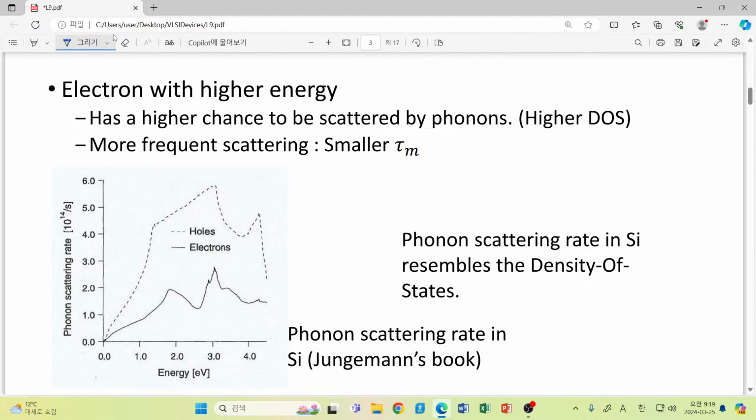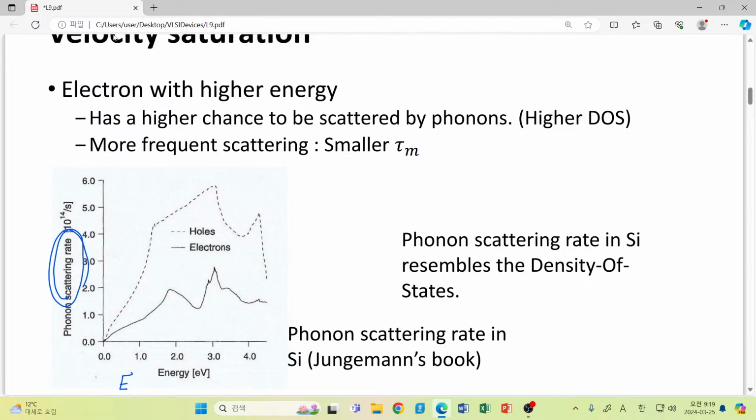This graph shows the energy versus scattering rate. So how frequently the electrons or holes are scattered by our scatterers, that is shown here. For example, a high value of this scattering rate means that our holes are more frequently scattered by other scatterers.